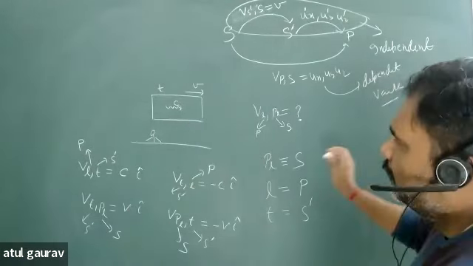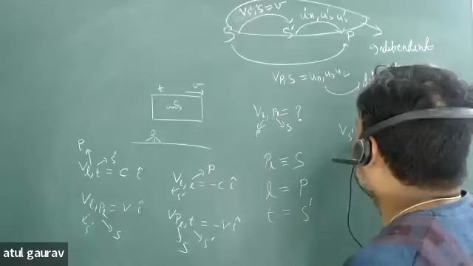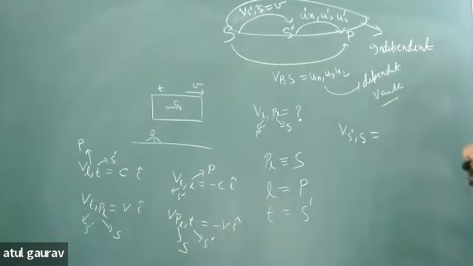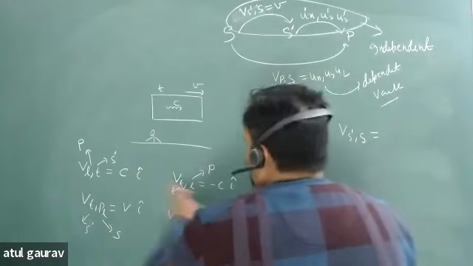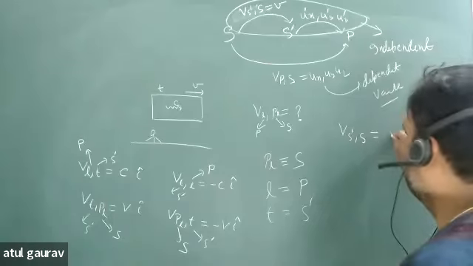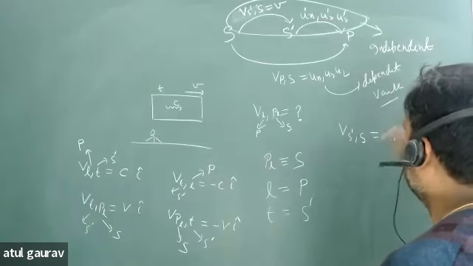So now you can see, first thing you have to find is the velocity of S dash with respect to S. Which one is there? Third. So that will be V into I cap.